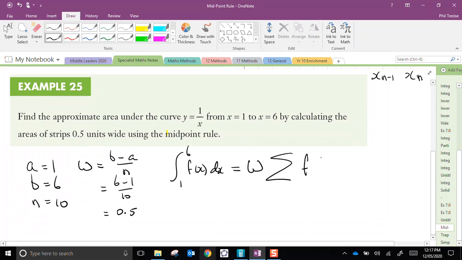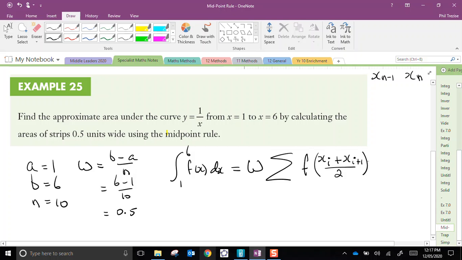So I could write here x0 plus x1, but that's not so great. I'm going to write xi plus xi plus 1. I'll have to find the halfway point between those.